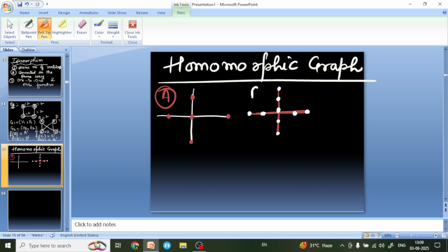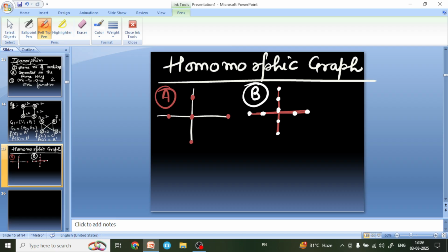This is your second graph. Both are homomorphic graphs because I have not divided the graph into another graph. I have only taken some additional vertices on the same graph. This is known as a homomorphic graph.